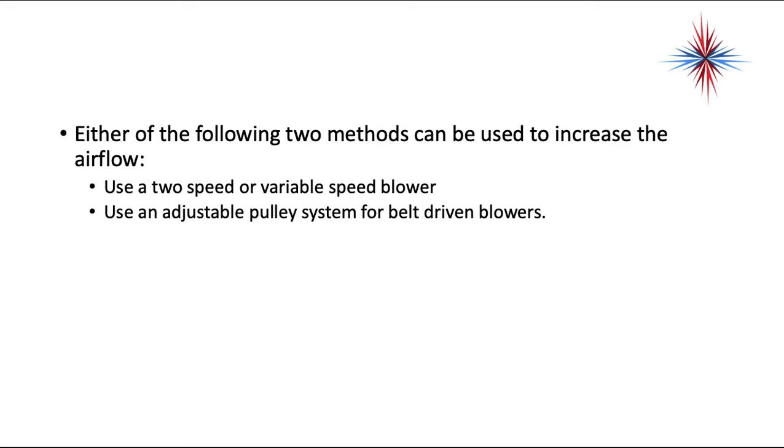We can use a 2-speed or variable speed blower motor, or we can use an adjustable pulley system for belt-driven blowers. More and more, you're not going to see the pulley system in light commercial or residential. We are using variable speed blower motors, and more and more you're seeing ECM, or electronically commutated motors.